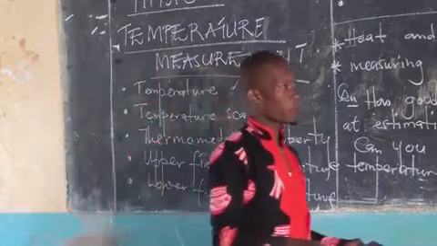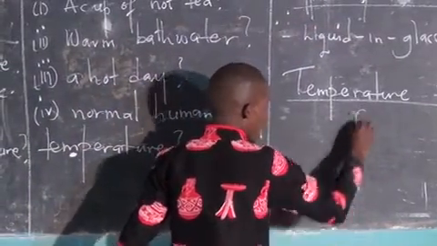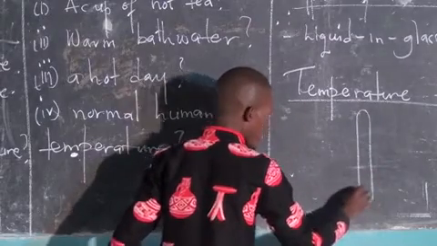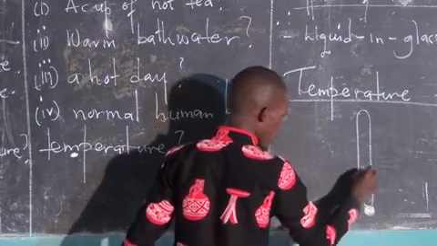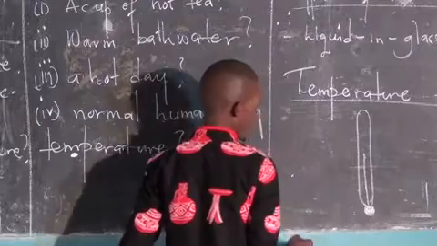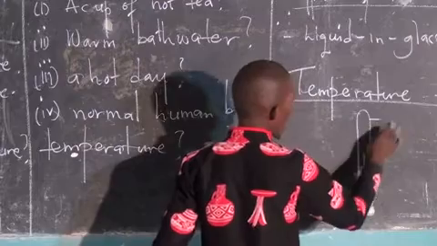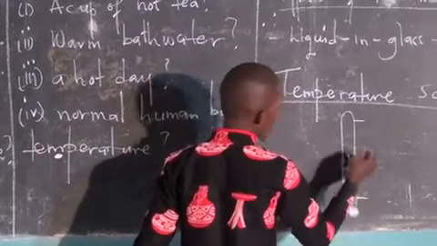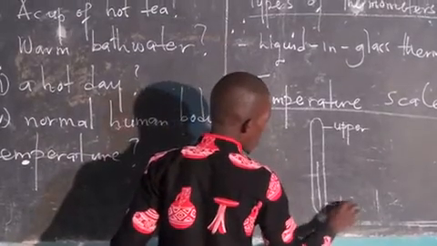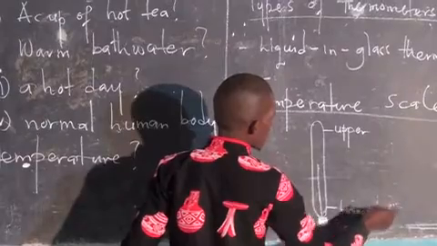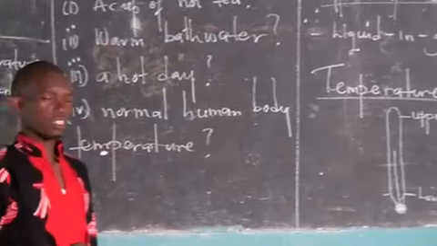If we have a liquid in glass thermometer, this is a simple one. There is a bulb, there is a mercury thread, there is a stem, there is the upper and there is the lower. Identify what is at the upper and the lower fixed point.